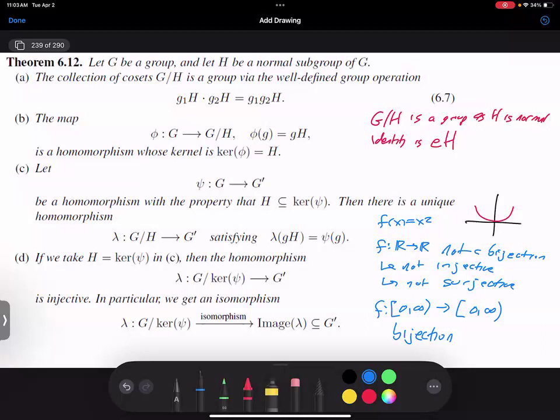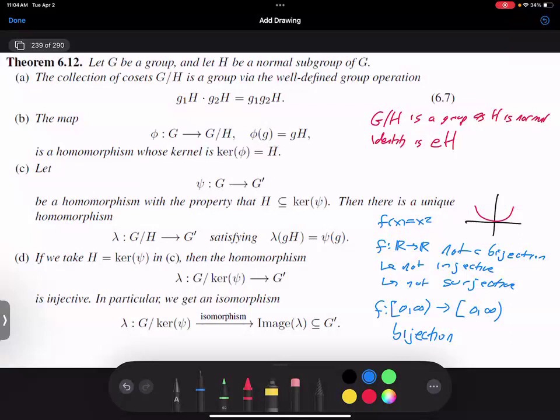Yes, because you're looking at the output as the image of F. These are all the things that F hits. It's clearly going to be surjective because you've restricted yourself now to just the things that F hits. That's what this is doing over here in the last statement. That's why we're getting an isomorphism. Rather than looking at it as being mapped into all of G prime, look at it as just mapping into the image.